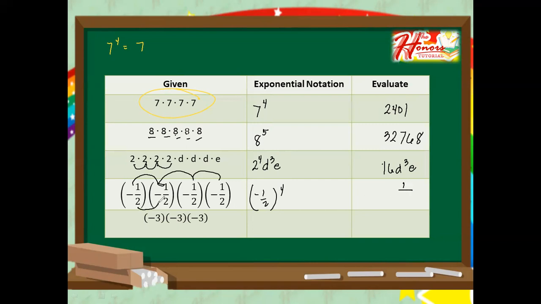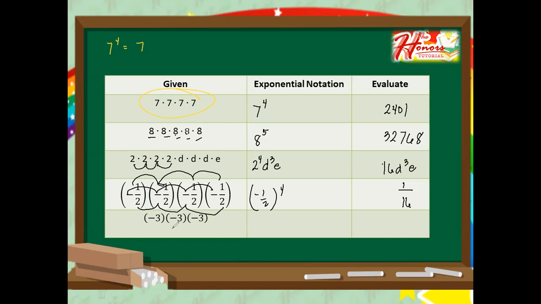Denominator, 2 times 2, 4 times 2, 8 times 2, 16. How about the sign? All of them are negative. Don't worry, because negative times negative is positive, times negative is negative, times negative is positive. So the answer is still 1 over 16.